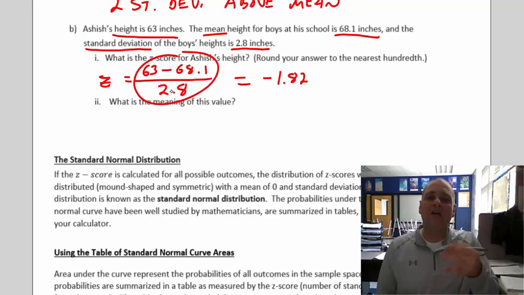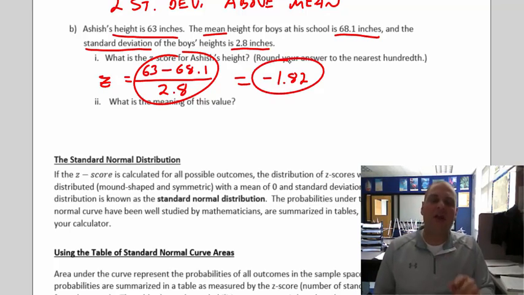So what is the meaning of that value? What does this mean? You got to not just be able to get a Z-score, but understand what a Z-score is. Well, a Z-score tells you how many standard deviations you are away from the mean. If it's negative, you are below the mean. You could tell that anyways. If you're 63 inches and the average is 68, you're below the average, right? You're below the mean.